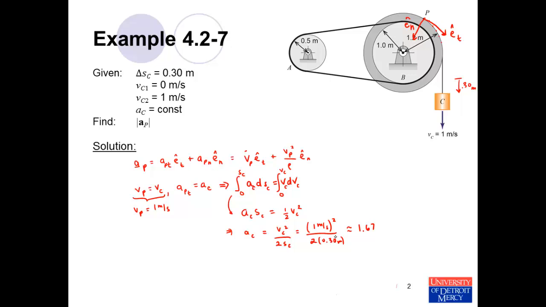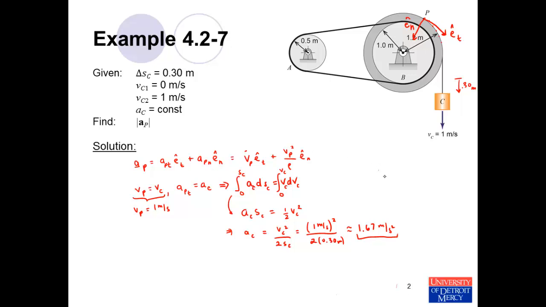We have meters squared per second squared divided by meters, so that meters cancels one of the meters. We're left with meters per second squared, which is what we would expect for an acceleration. So that gives us our tangential component of the acceleration of point P.